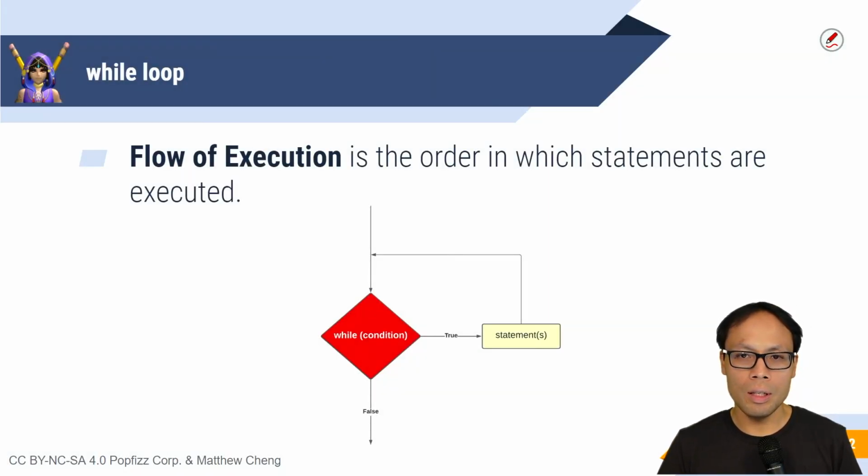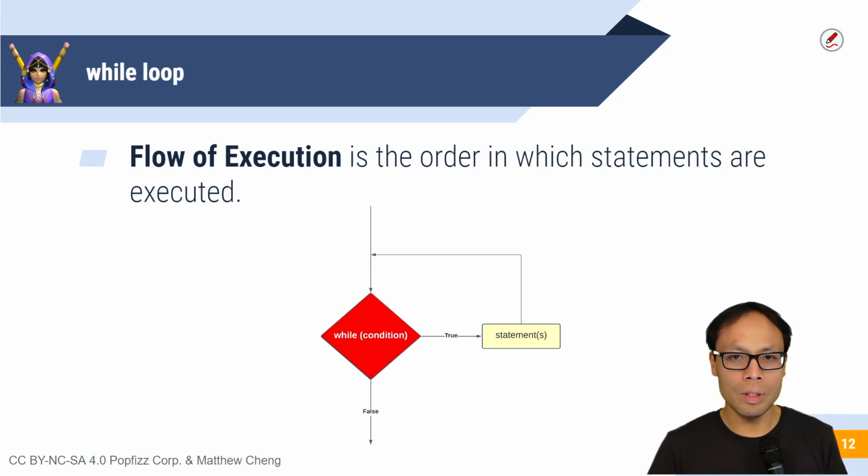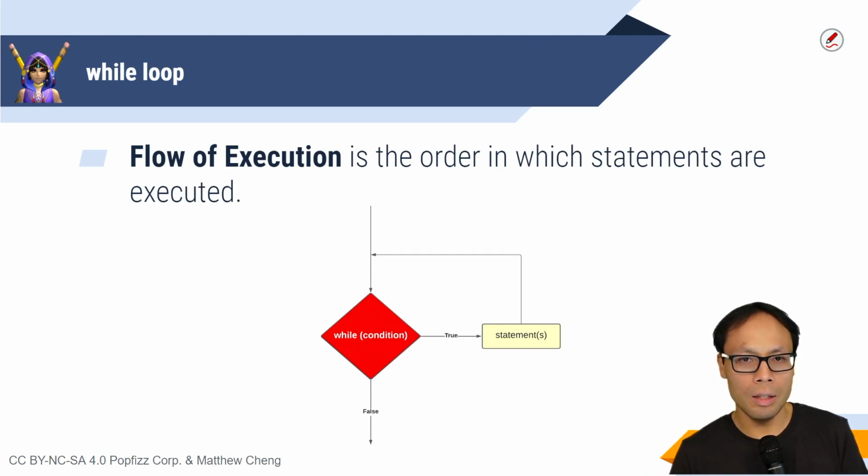If you look at the flow chart here, the while loop works a little bit differently than the if that we looked at previously. The flow of execution is the order in which the statements are executed. As we can see here, when we have our condition, it keeps looping while the condition is true.